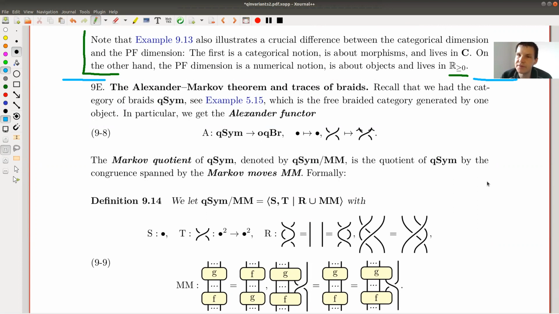The only difference was that you needed to include the projections and inclusion morphisms. And that was basically it. And then we were able to define something like a categorical dimension. That's the whole point.